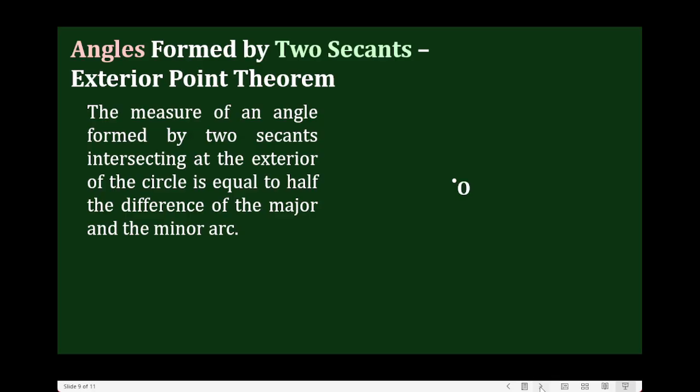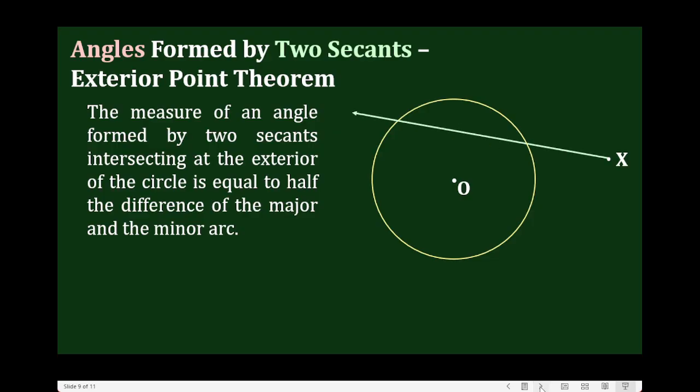Again, let us consider a circle. This is circle O. Then external point X, and we draw 2 secants.